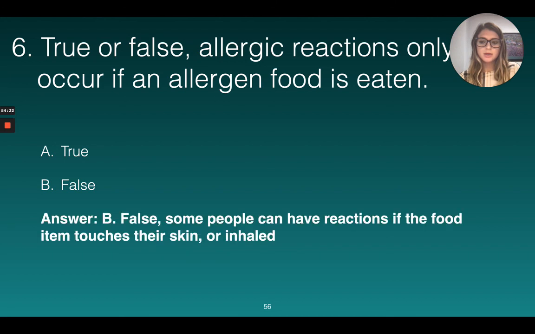So the answer is B, false. Some people can have reactions if the food item touches their skin or even is inhaled. So it is false that the only way for someone with a food allergy to have a response is if it is eaten. Some people with severe allergies can have reactions if the food item touches their skin or is inhaled.